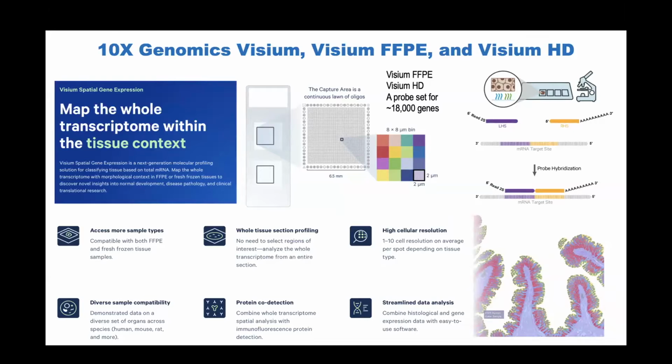And what is worth pointing out in this case is it works quite well for even FFPE tissue samples, because 10x Genomics developed a huge panel of probes to target almost the entire transcriptome for human and also for mouse.